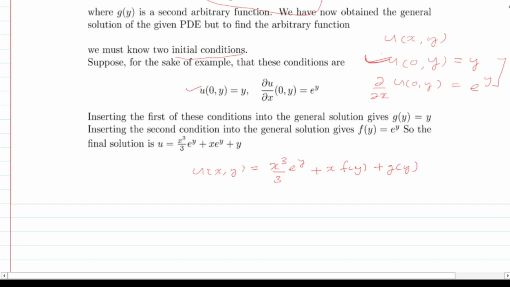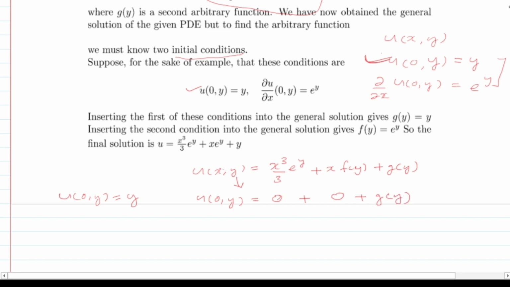We have the first initial condition u(0, y) = y, so we find u(0, y) from this equation. Putting x = 0, the x cube term is 0, and the term with x is also 0, leaving g of y.